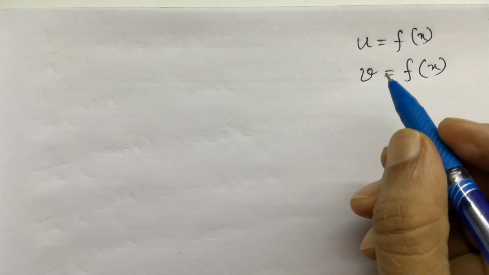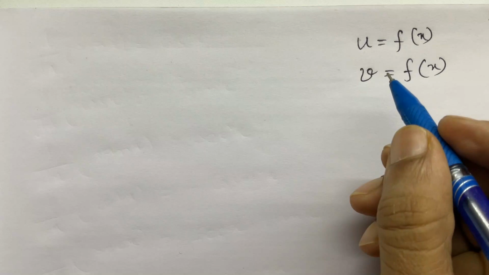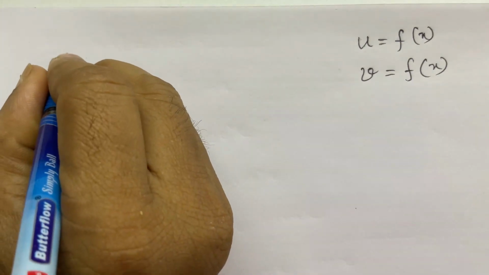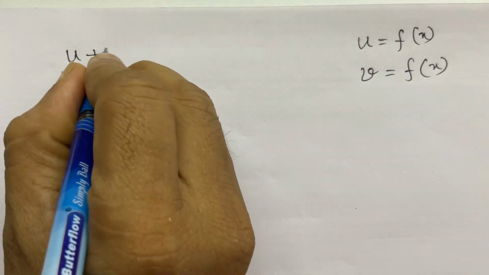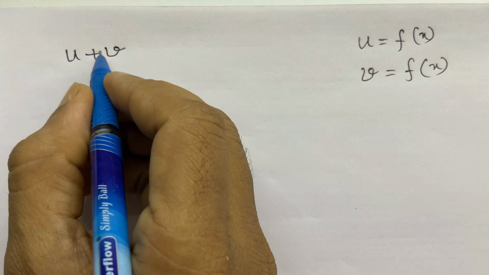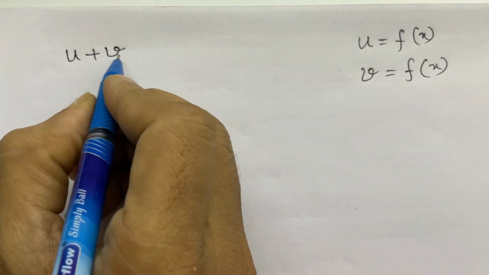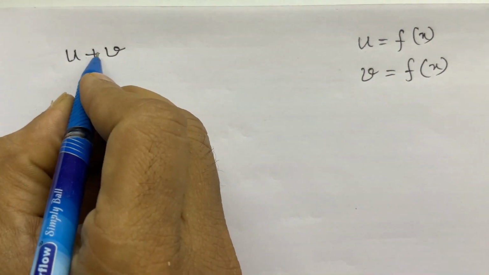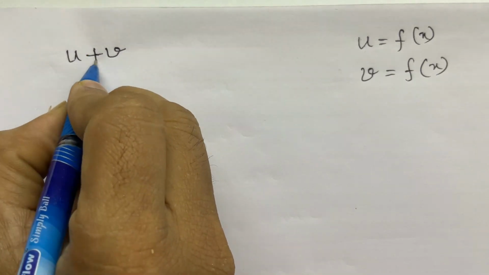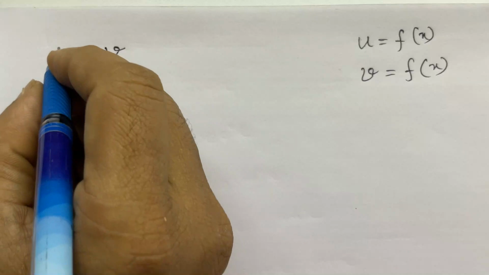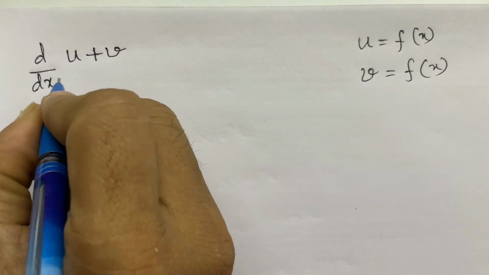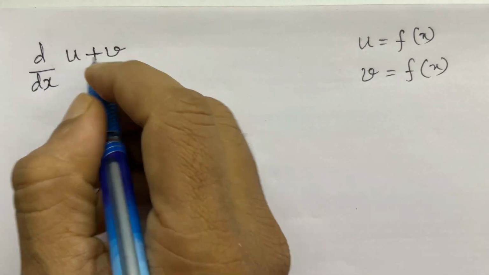So here first rule is u plus v, u and v, okay, this function is defined as a summation of two functions. And if we do d dx of this, what will be the result?